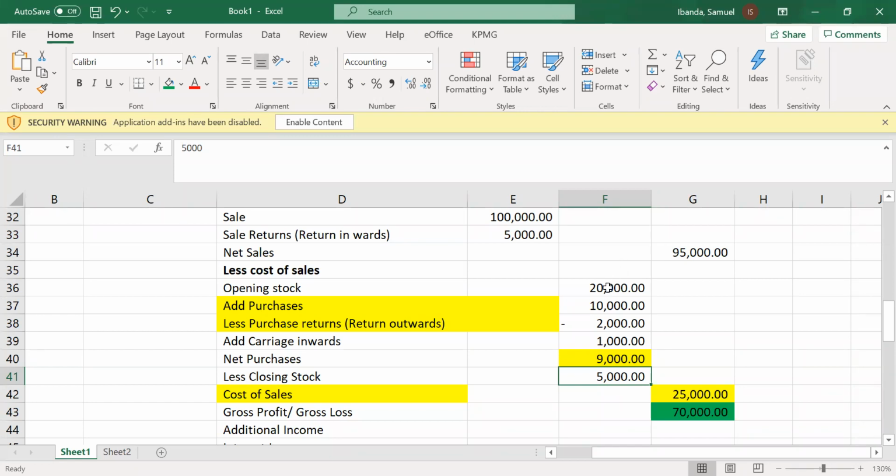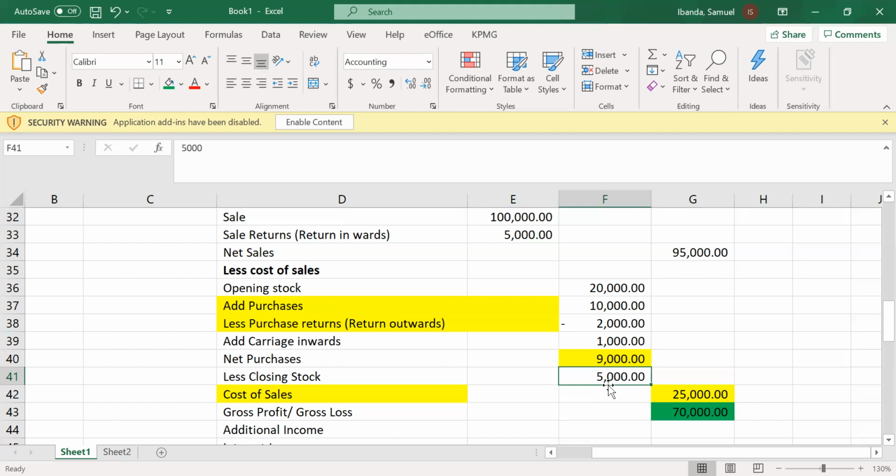That a lower cost of sales will reflect in a higher profit. Because a lower cost of sales means a lower amount subtracted from your sales and means you're going to get a higher profit. So the higher the closing stock, the higher the profit. And you're going to see it.